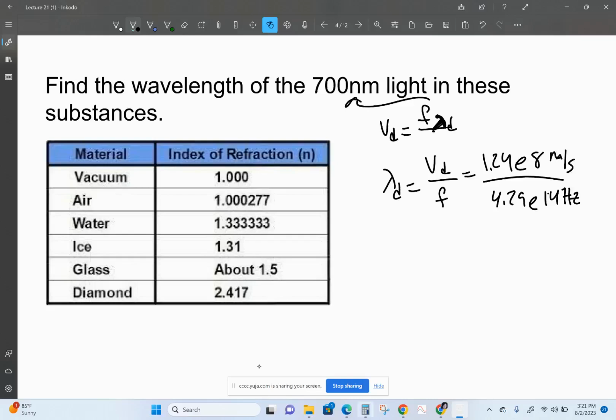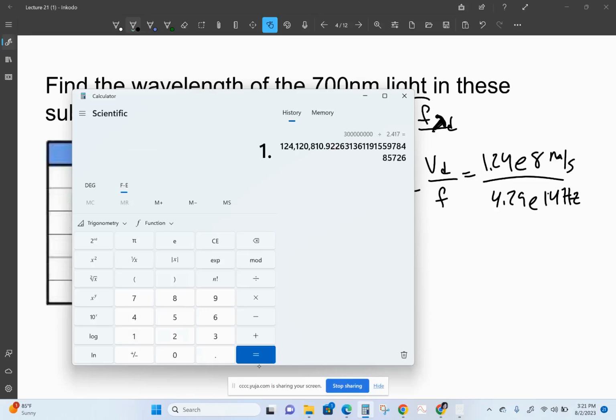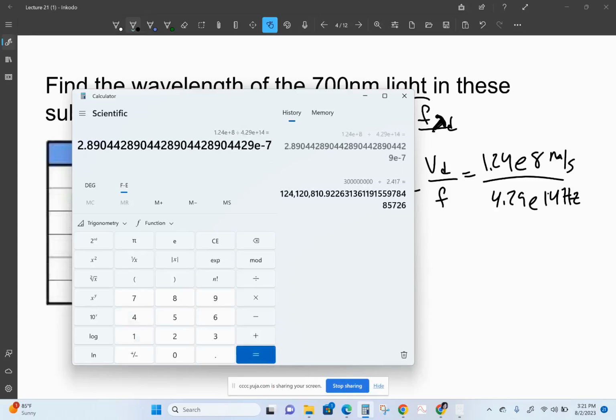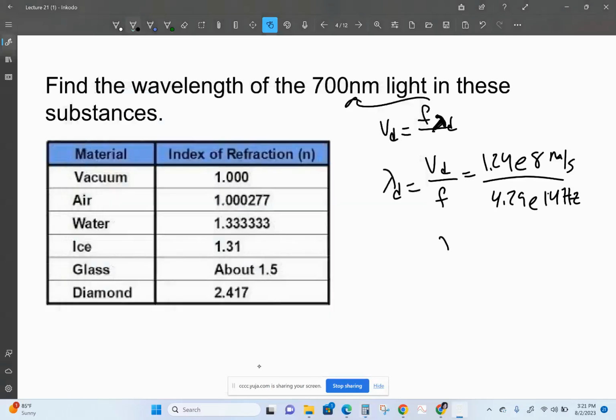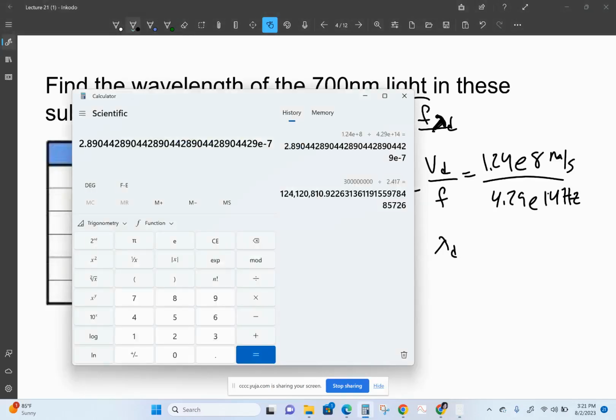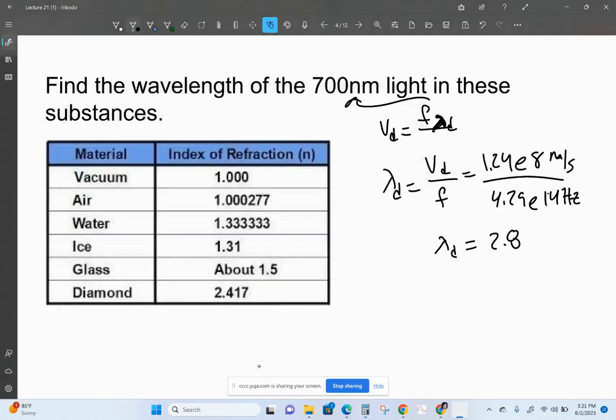We're going to put these in our calculator: 1.24e8 divided by 4.29e14. And we're going to get a wavelength in diamond of 2.89e to the negative 7, or 289 nanometers.